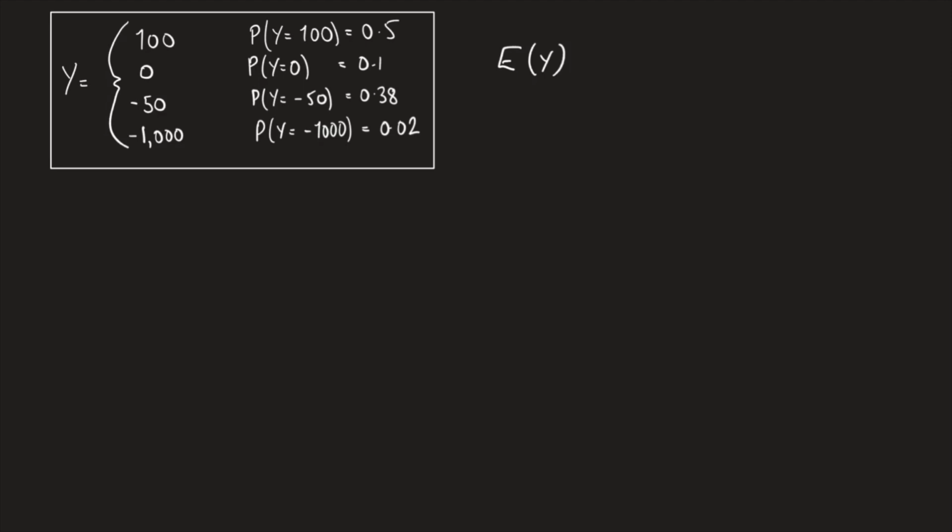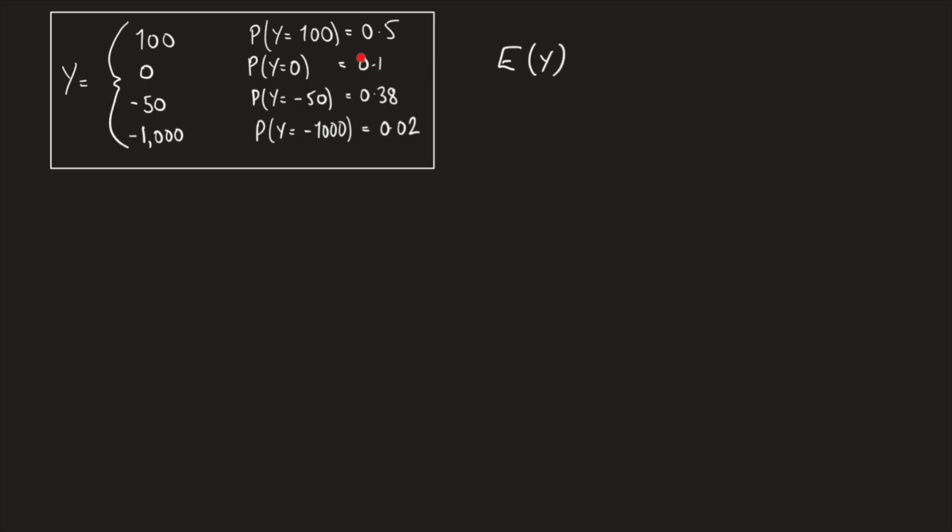Now, in this case, y represents a financial investment, and there are four possible outcomes of this financial investment. You could make a profit of £100, you could make a profit of £0, you could make a loss of £50, or you could make a loss of £1,000. The probability of making a profit of £100 is 0.5, so 50% of the time you'd make a profit of £100.